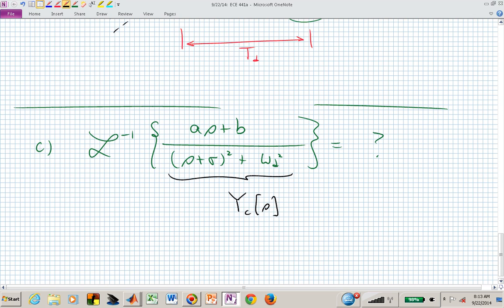What does that look like as a function of time? And A and B, I haven't told you what those are. Those are just generic variables.